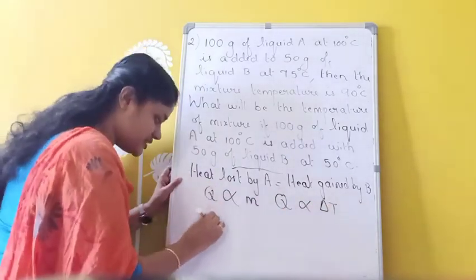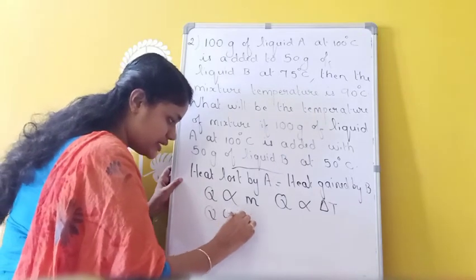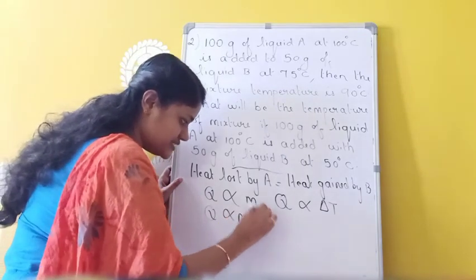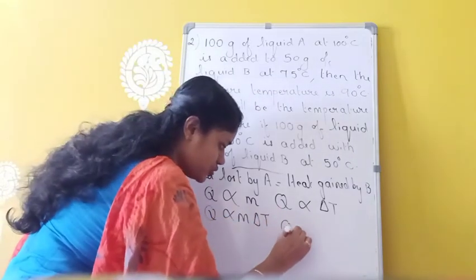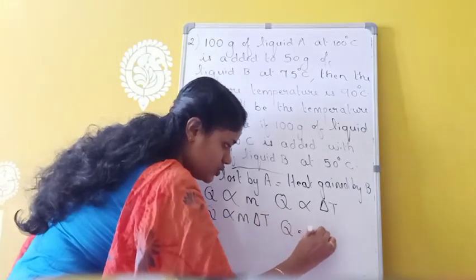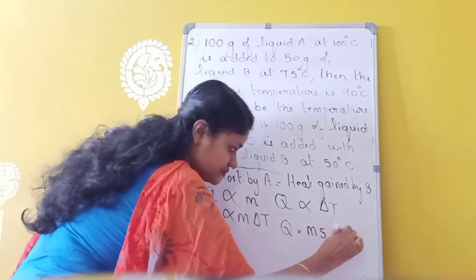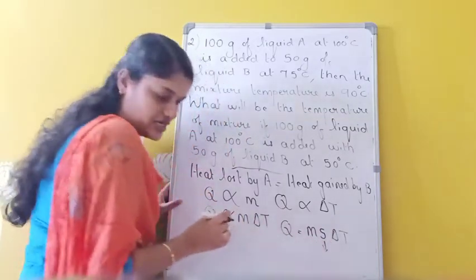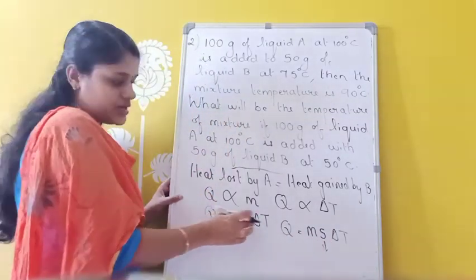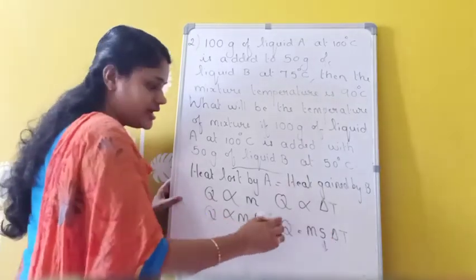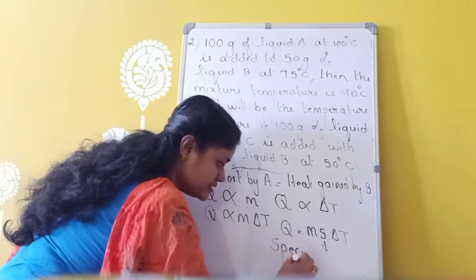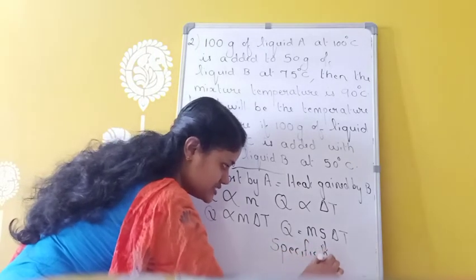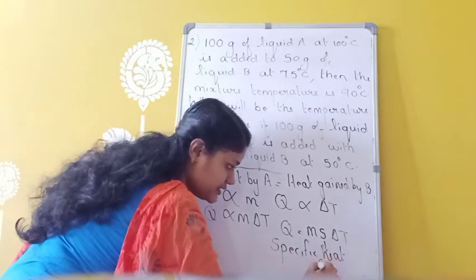Together we can write Q proportional to M into delta T, and we can remove the proportional sign and write Q equals M into S into delta T. So here S is a constant. We are removing the proportional sign by multiplying by a constant S, and this constant S is called which one? Specific heat capacity.